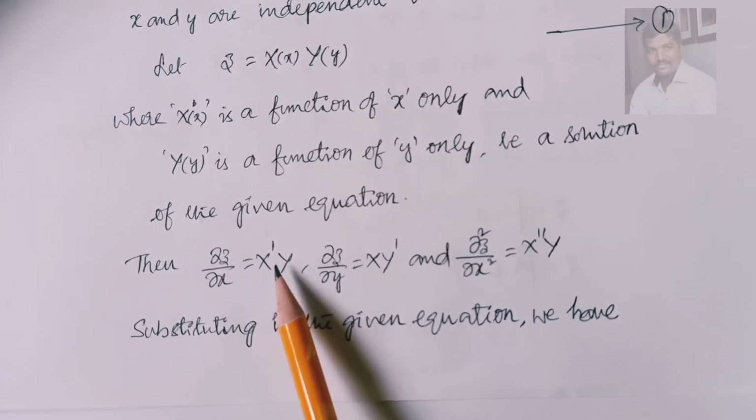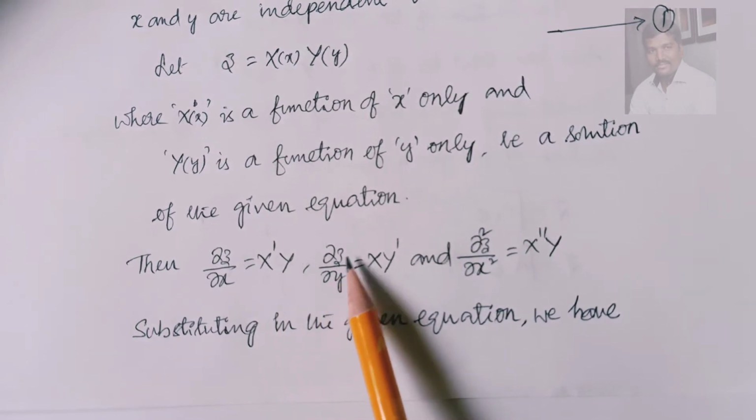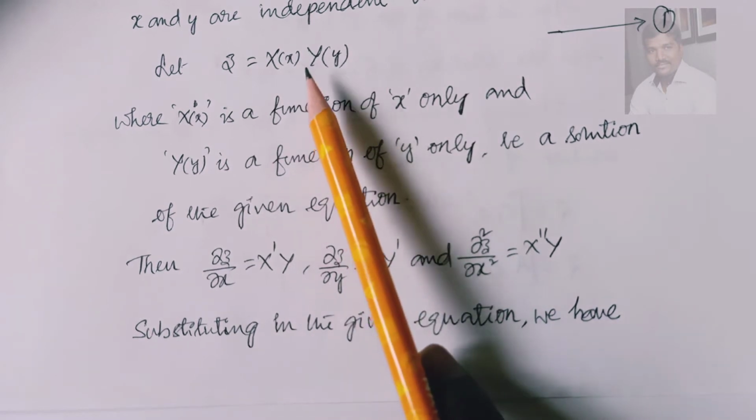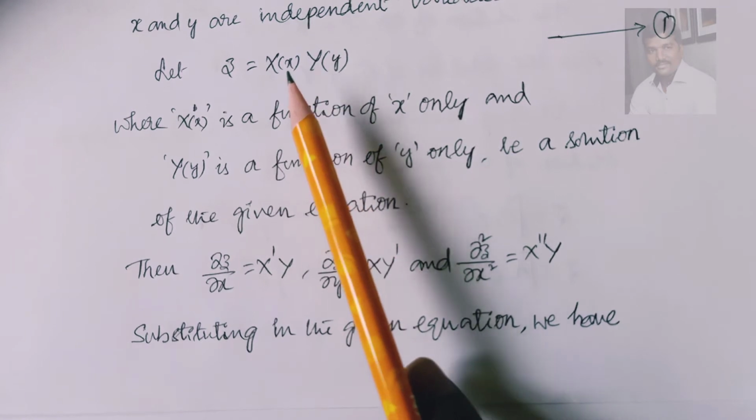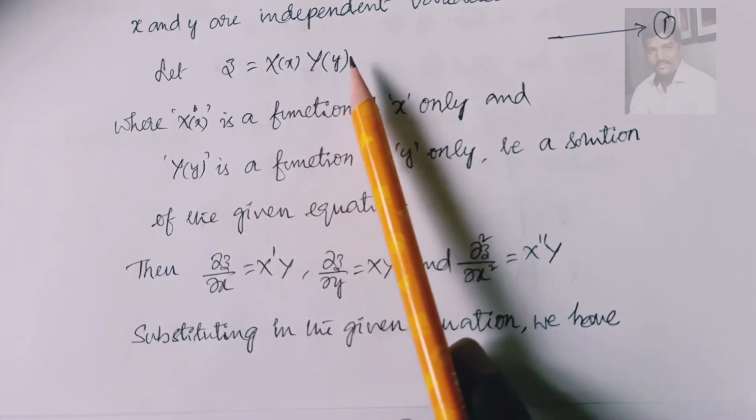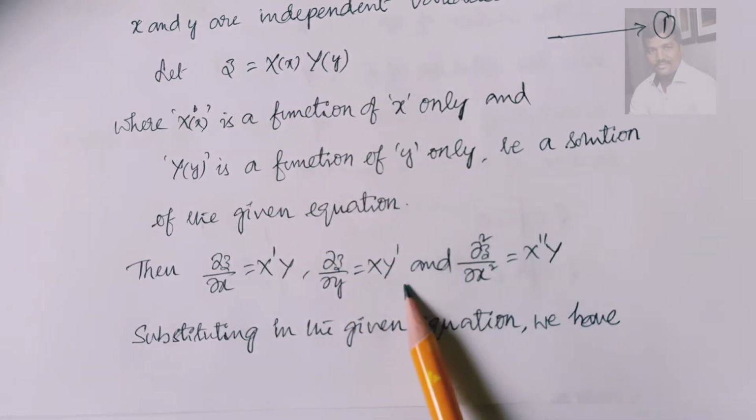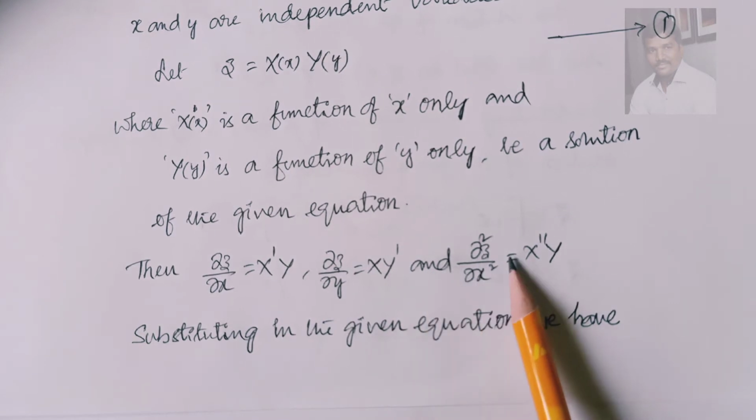For ∂z/∂y, we have to differentiate with respect to y, so in that case the function of x is constant. We differentiate Y, giving X into Y'.